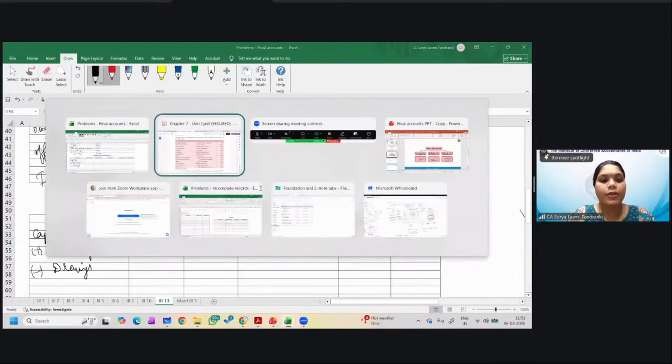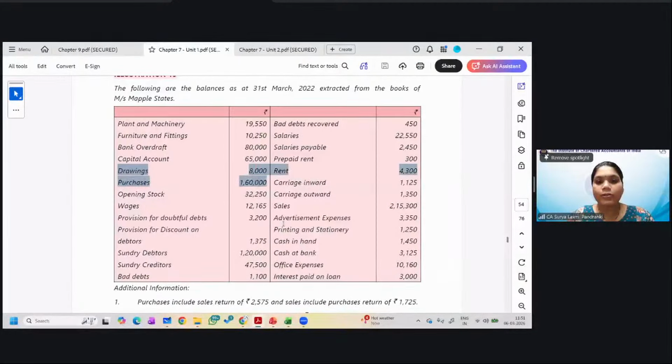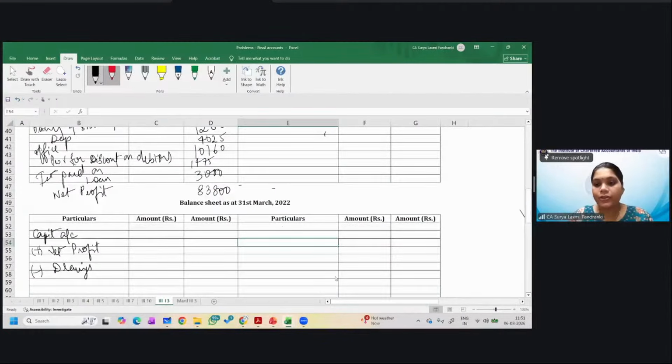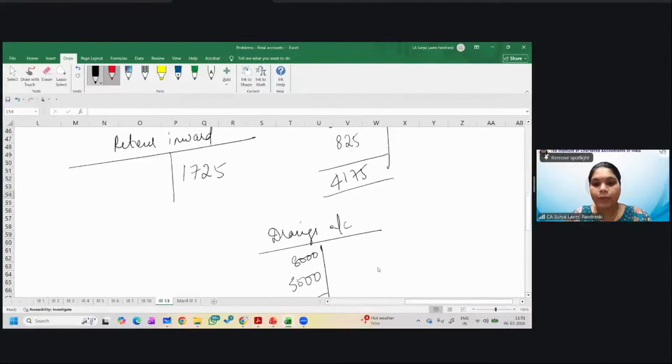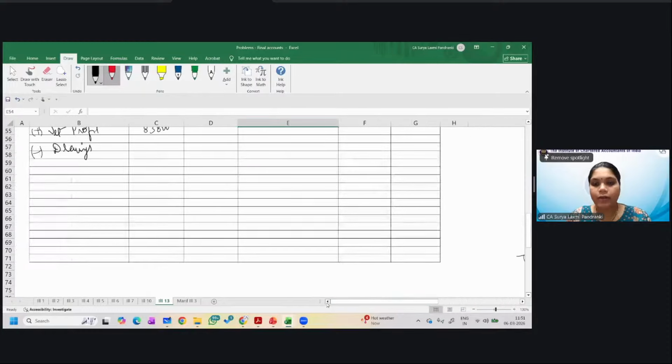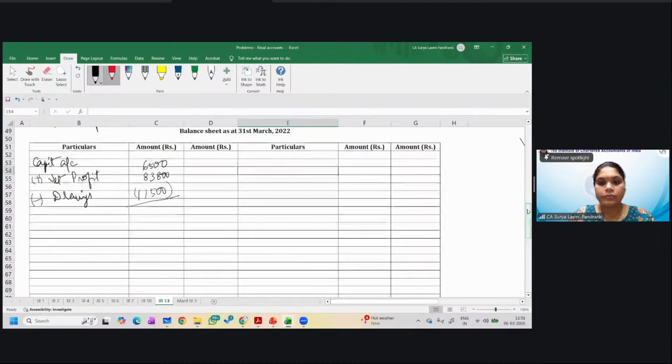And what are drawings? Drawings here are only 8,000, but we made an adjustment, a rectification entry. So drawings have to be picked from here. What is the drawings? 11,500. So what is the total capital? Is it 137,300 or 137,200? Two answers came in. 300 only. Okay.